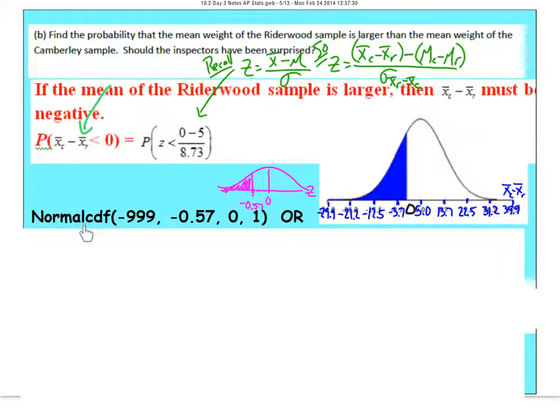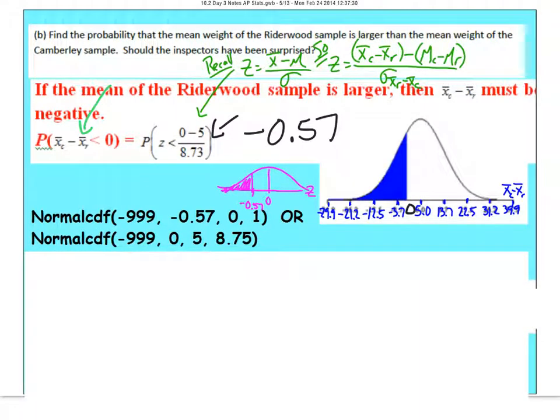You can do normal CDF with the standardized data, or you can just keep the raw data. The standardized data, by the way, when we compute the z-score here, is negative 0.57. So if I do standardized, this is 0.57 standard deviations to the left. So I'm going to do negative 999 to negative 0.57 of 0 and 1.